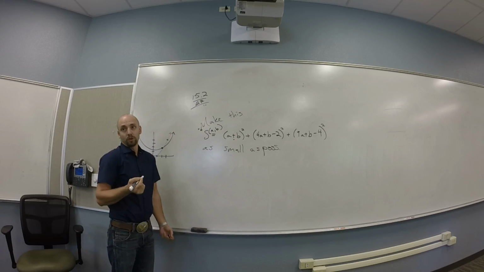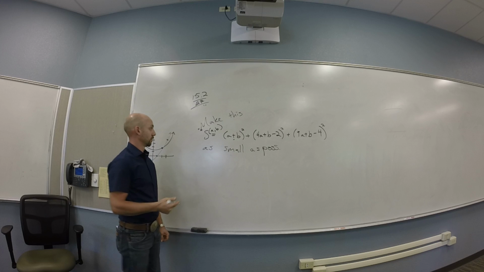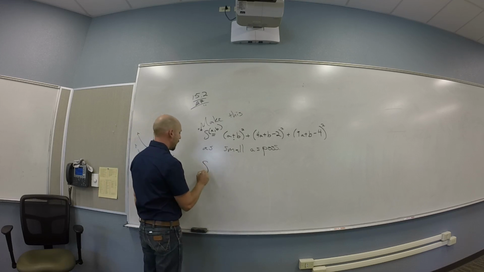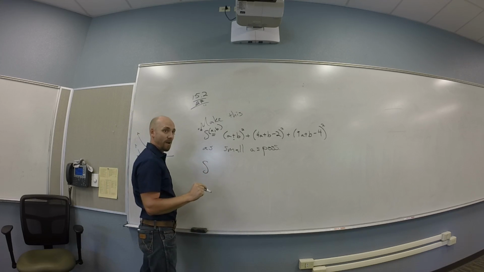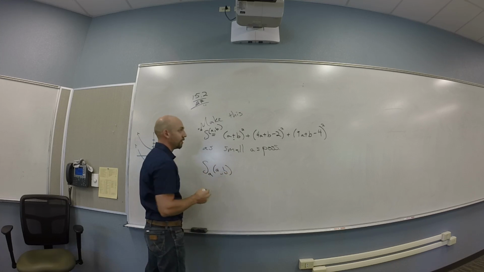Okay, so how do you minimize stuff? Take some partials. So I need S with respect to A. That's going to be a function of A and B, right?